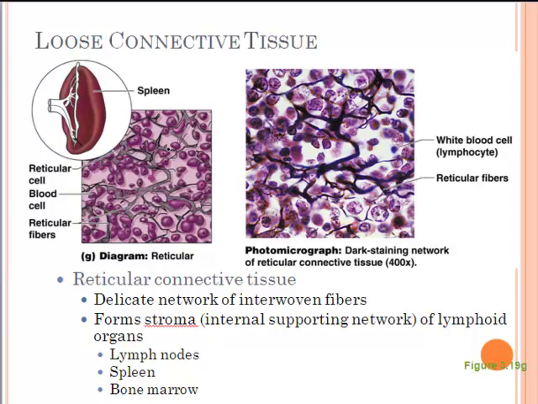Reticular tissue is found in the spleen and other lymphoid organs, and it creates a kind of framework for the spleen or the other organs, and then we have blood running in among that framework. So we find this in the lymph nodes, the spleen, and also in the bone marrow.